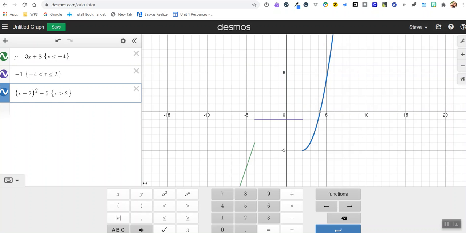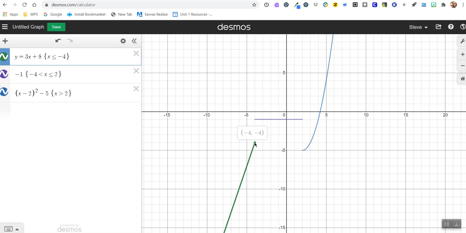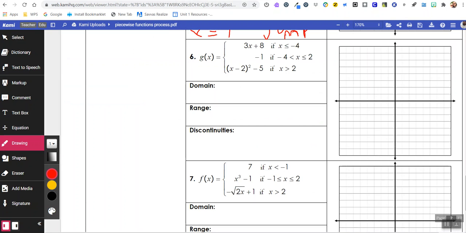So this is what it looks like. Now, when you look at it, you're going to get close here. This is a solid circle right there, right? This is open. This right here is solid. This right there is open. So that's how you're going to have to copy that graph over, those key points right there.